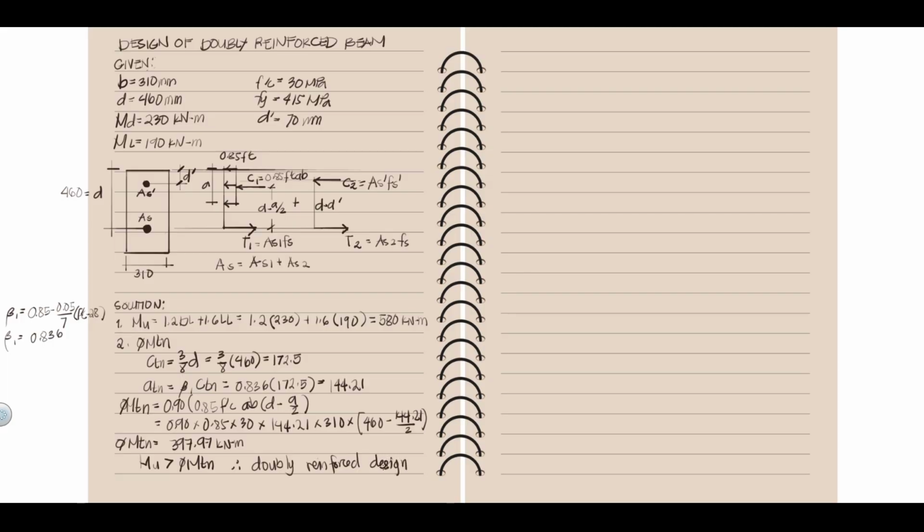Okay, so it is a doubly reinforced design. Meaning, from a singly reinforced design, we will be adding an additional nominal moment na makukuha po natin dito sa ating diagram na C2 and T2.